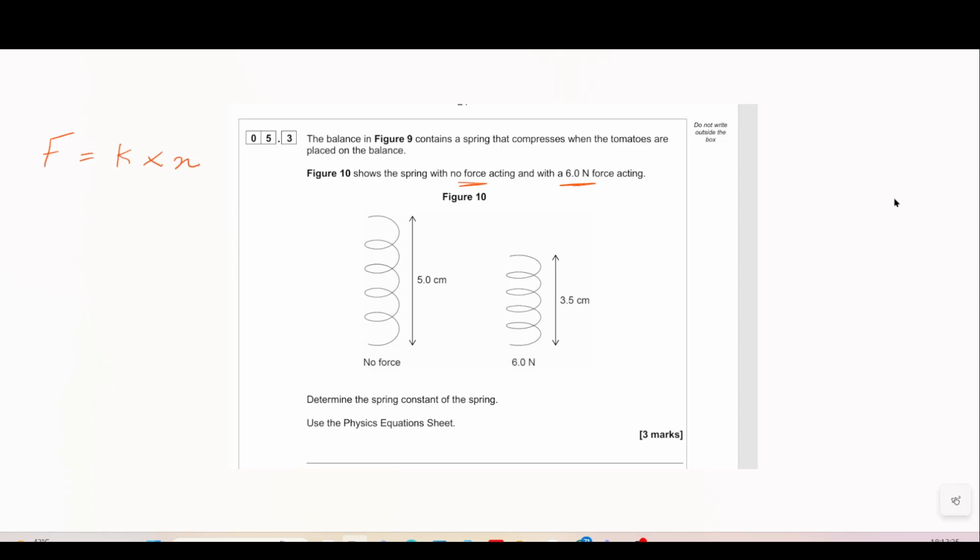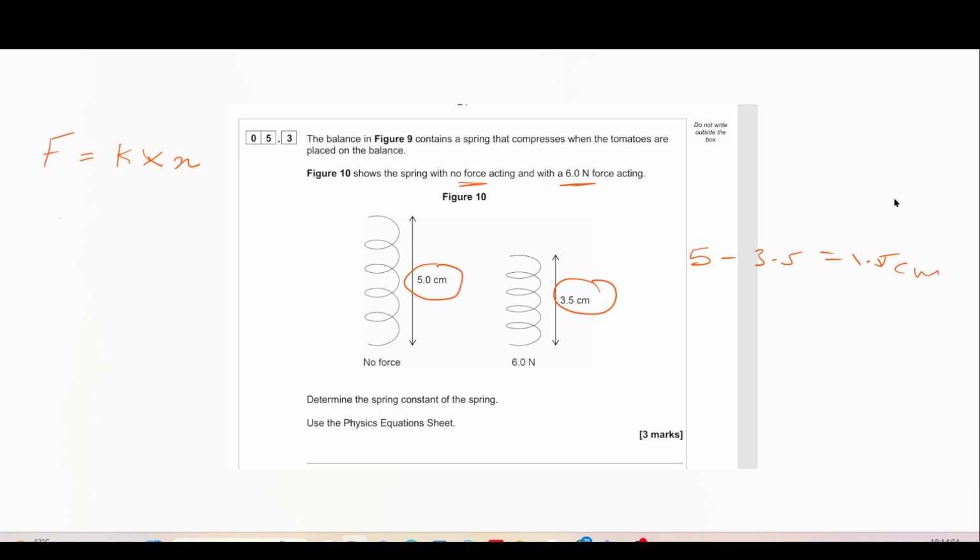So it extends by 1.5 centimeters. If you subtract them, the extension is 1.5 centimeters, but you turn that into meters.